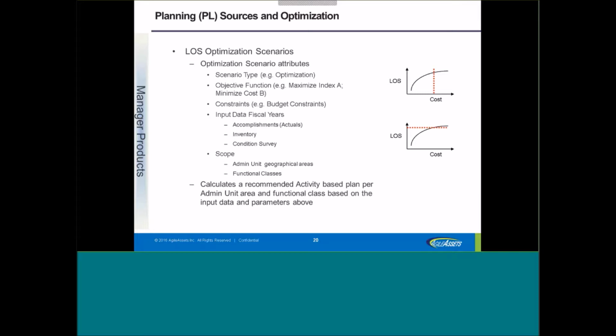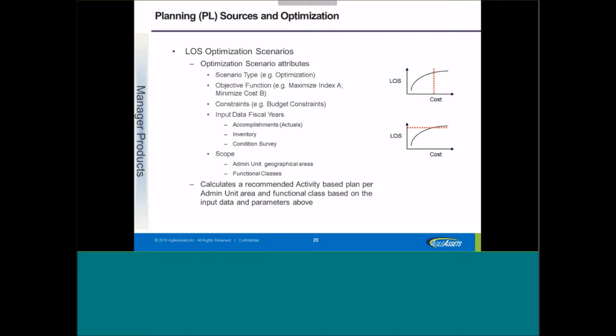So ultimately what these optimizations give you is a recommended activity-based plan. It takes all those inputs, all your setup in terms of what indices you set up, what you've decided is important to you, how you're measuring them, and you'll be able to get, at the end of the day, the best bang for my buck.